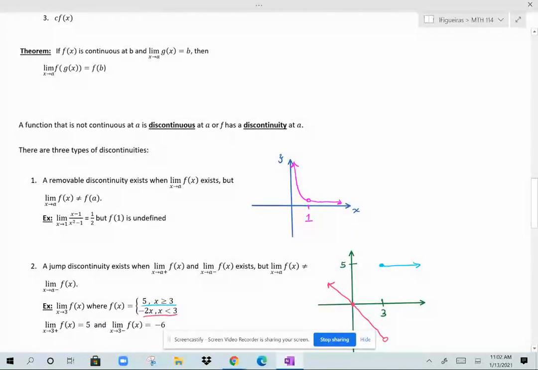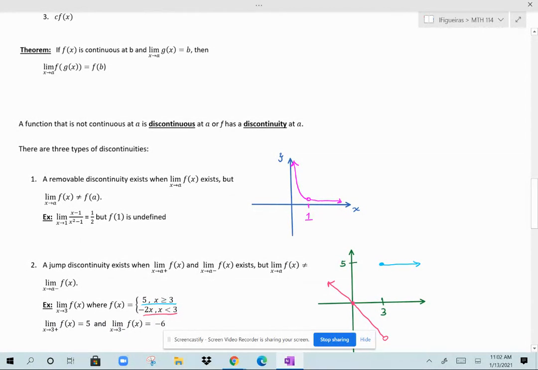Another type of discontinuity exists when the limit as x approaches a from the right and the limit as x approaches a from the left exist, but they are not equal. So you could have a limit that doesn't exist because they are different.